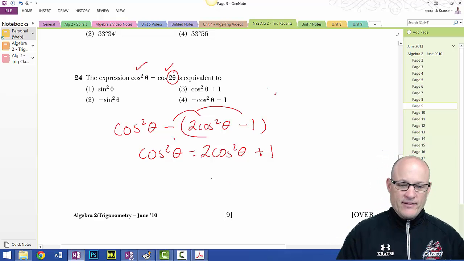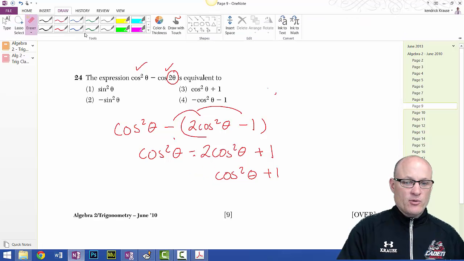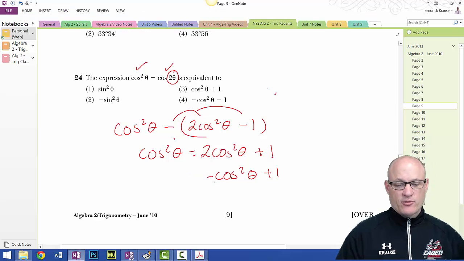So this is negative 2 cosine squared theta plus 1. Not negative 2, negative 1. 1 minus 2 is negative 1. So it should be negative 1 cosine squared theta, or just negative cosine squared theta.